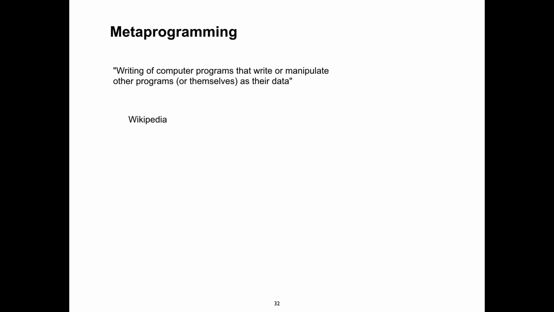Now, on the side, metaprogramming like this is why Lisp early on was almost universally used in AI. Because the program was this data. It's a bunch of parentheses, right?